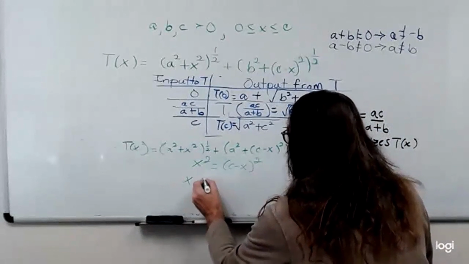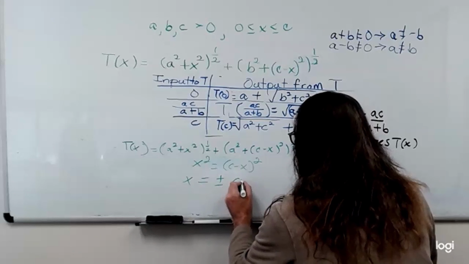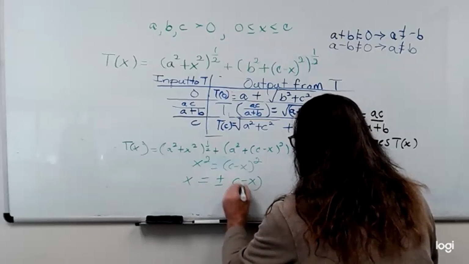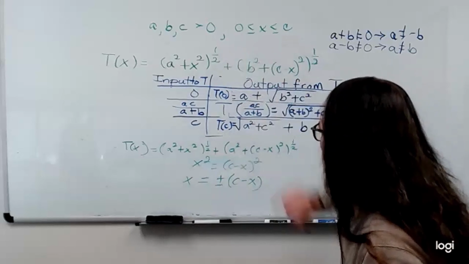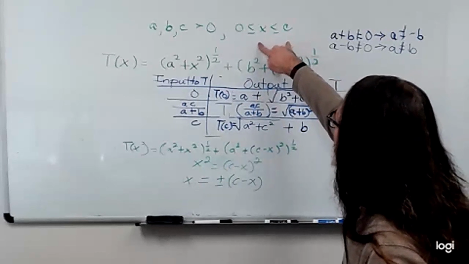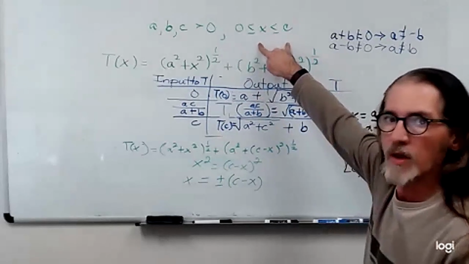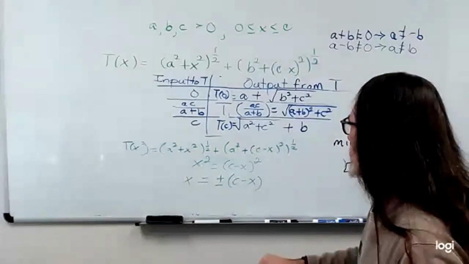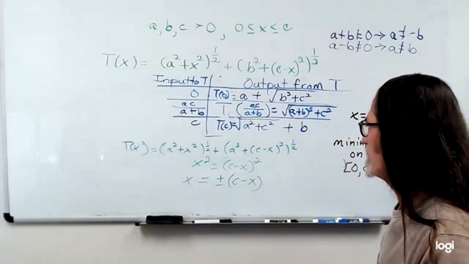X is equal to plus or minus c minus x. Now, by the way, remember that x is not negative. And since c is greater than or equal to x, c minus x will be non-negative. So that when I take these square roots, then we don't have to worry about imaginary numbers.